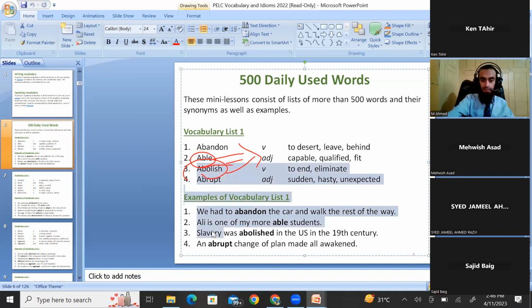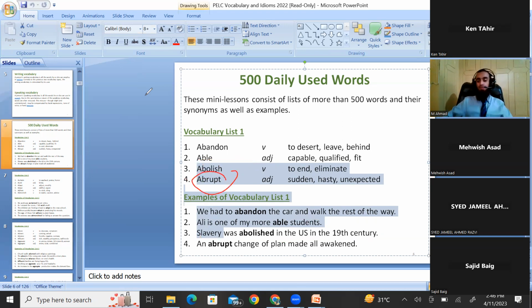For example, slavery was abolished in the US. This is right. But if you say slavery was completed, it will be incorrect. You can say slavery was finished, then it will be right. Another sentence: before marriage, you are complete, and after marriage, you are abolished. You are finished.